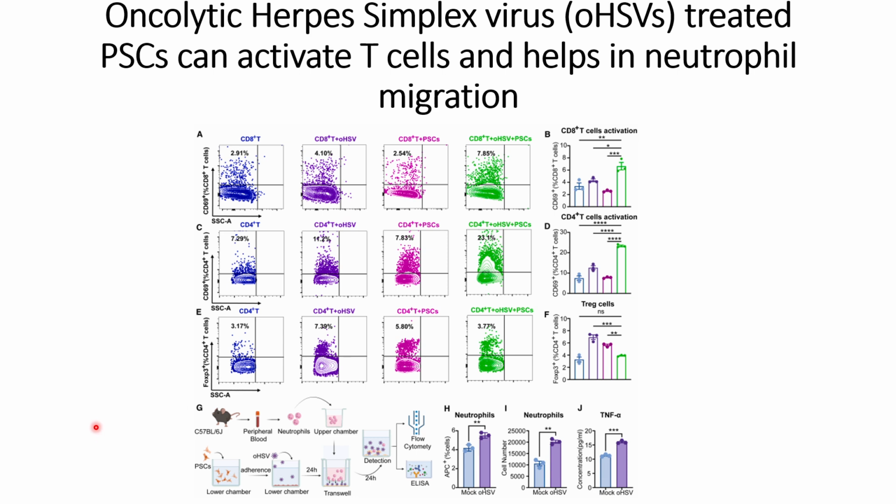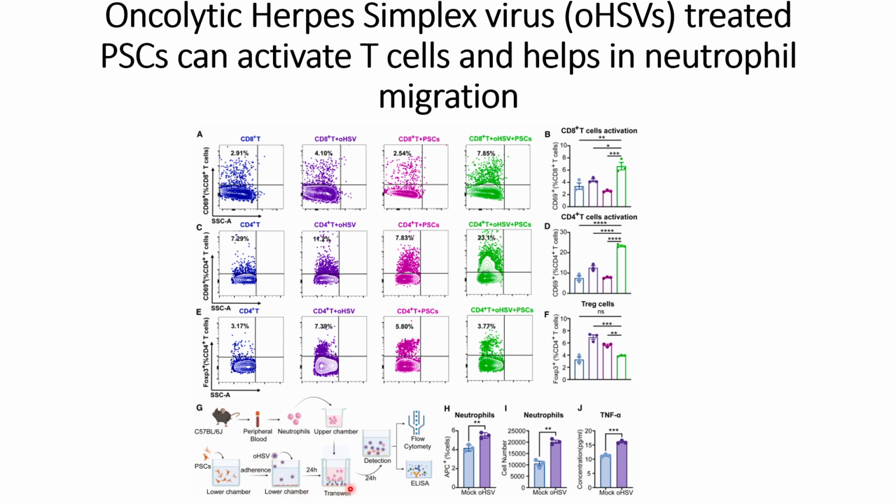Afterwards, they also wanted to check the effect of the Oncolytic Herpes Simplex virus on neutrophil migration. In order to check that, they did a transwell assay, where they cultured pancreatic stellate cells in the lower chamber and treated them with the virus.